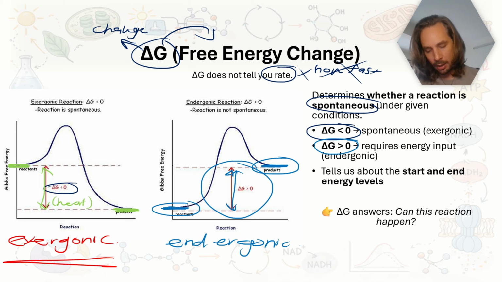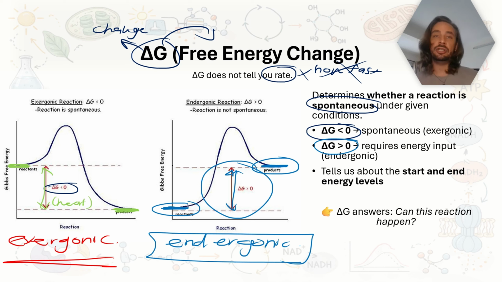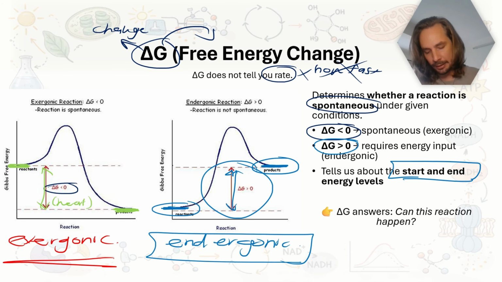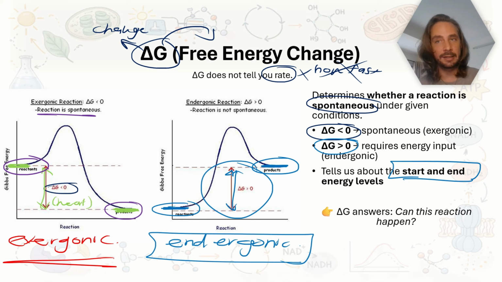Now, overall, the free energy change tells us about the start and the end energy levels. If the reactants have more energy than the products, this reaction will happen spontaneously.